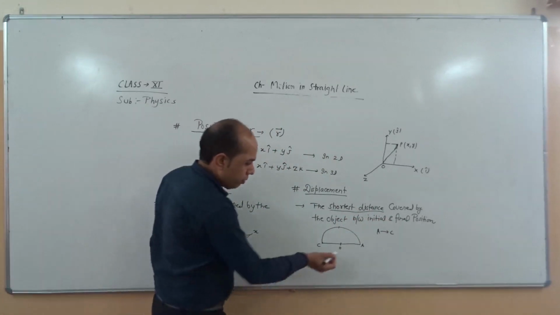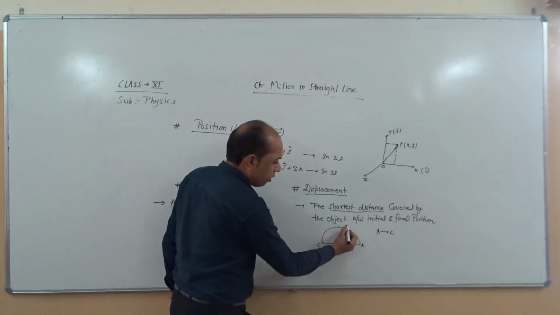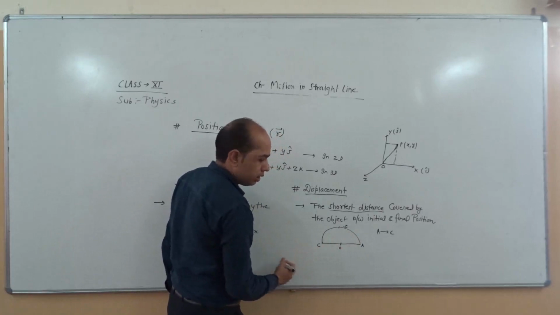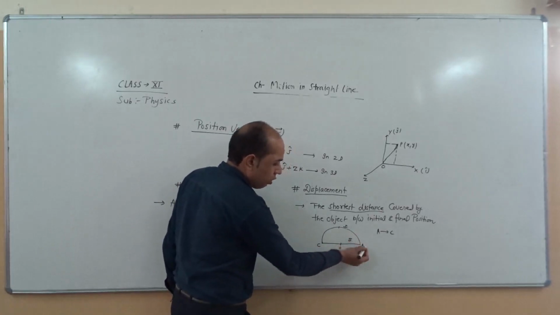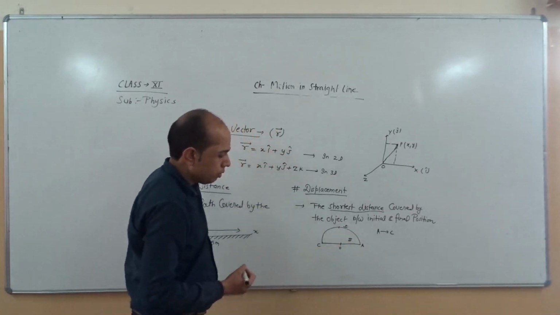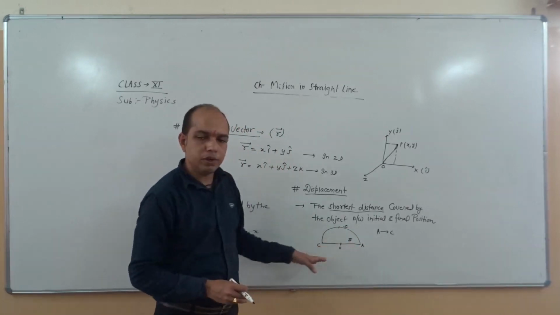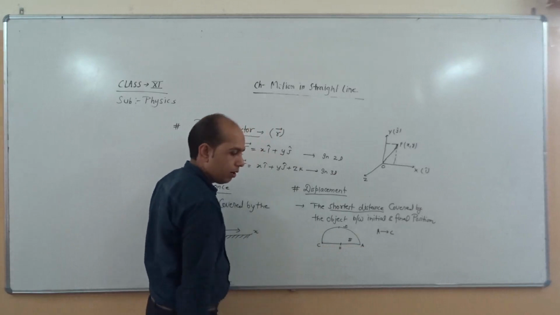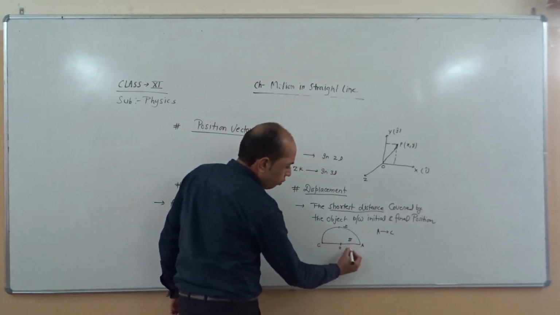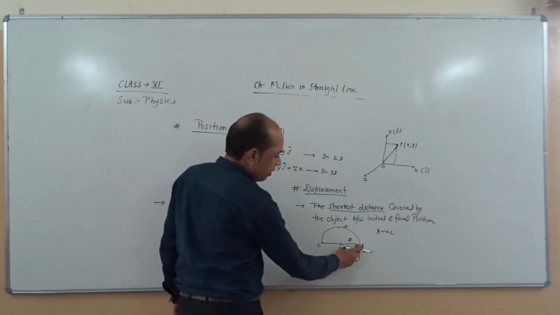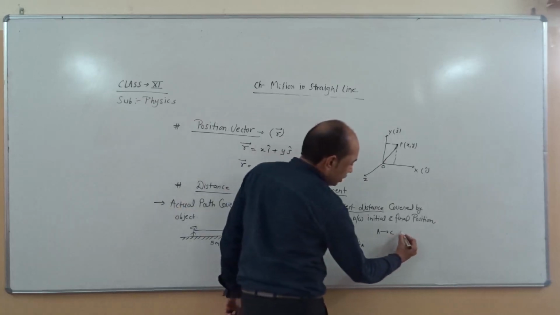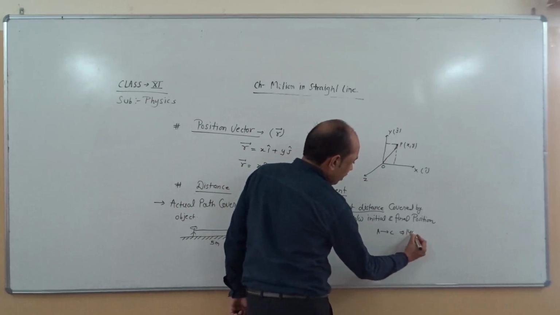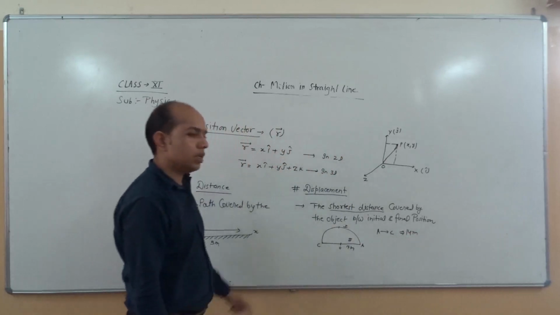From A to C, this is one of the ways to go. Similarly, the second way is along the diameter. Obviously the diameter is the shortest between initial and final. So suppose the diameter is 7 plus 7, so it is 14 meter. So this is the displacement.